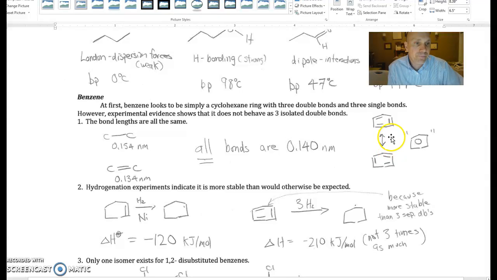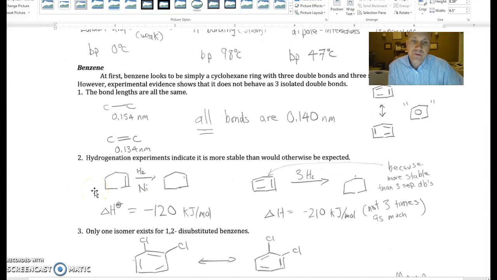One way that's shown is through a resonance structure, where you can show it alternating with these bonds being in these new positions. Since these two are both acceptable structures, a lot of times benzene is drawn just with a circle in the middle. So you draw a cyclohexane ring, but then you put the circle in the middle, and that indicates one of these structures right here.